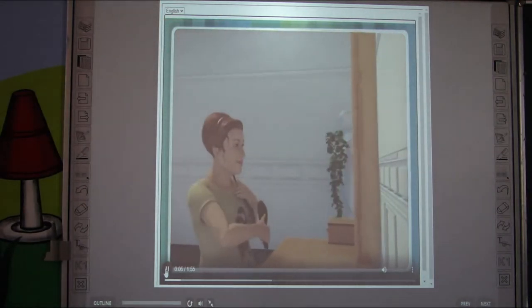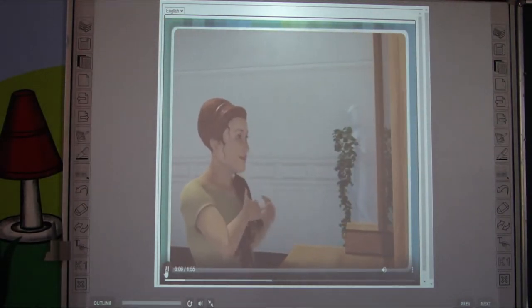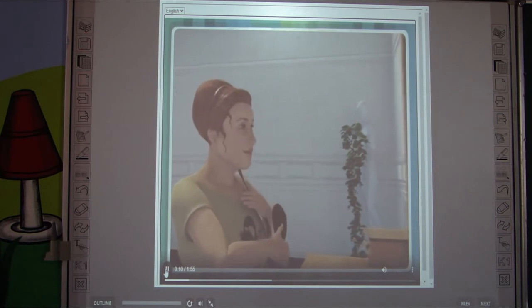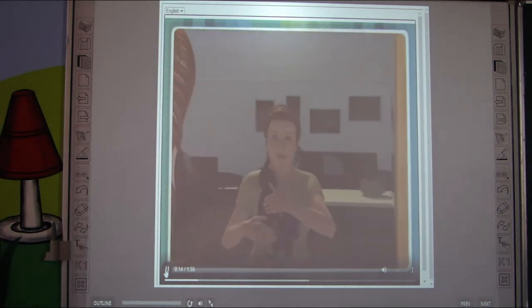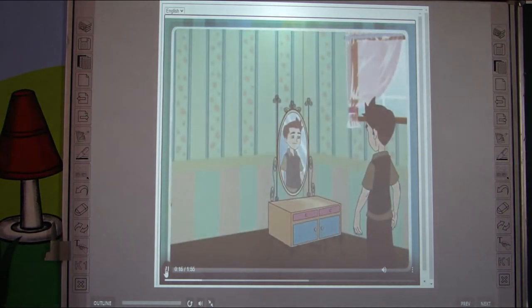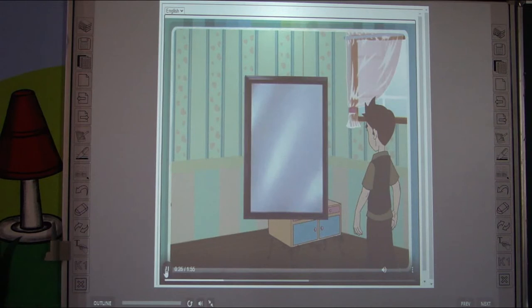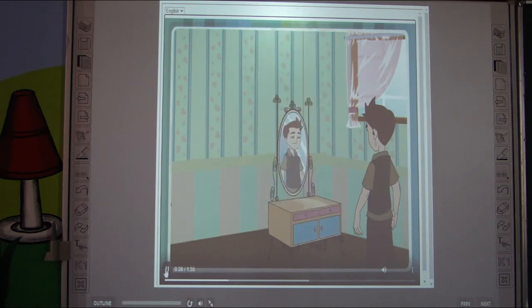We don't forget to admire ourselves in front of the mirror every day. Our image formed in the mirror appears as if we are standing behind the mirror. The mirror we use at home for dressing up is a plane mirror.